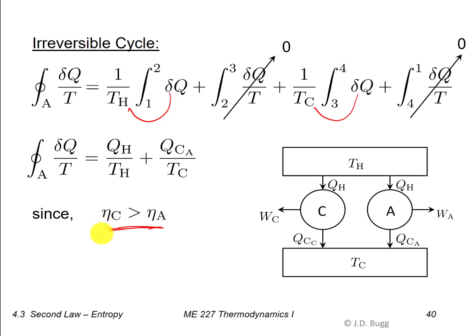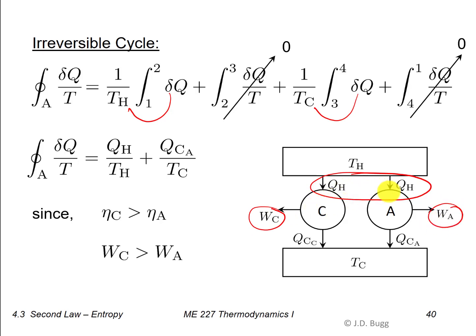So the efficiency of the Carnot cycle is bigger than cycle A because there is no cycle that can be more efficient than a Carnot, because it has no irreversibilities. That means, because we're supplying these two cycles with the same amount of heat, that the Carnot cycle is going to produce more work than cycle A. So this will be larger than that because it does a better job of converting heat into work.